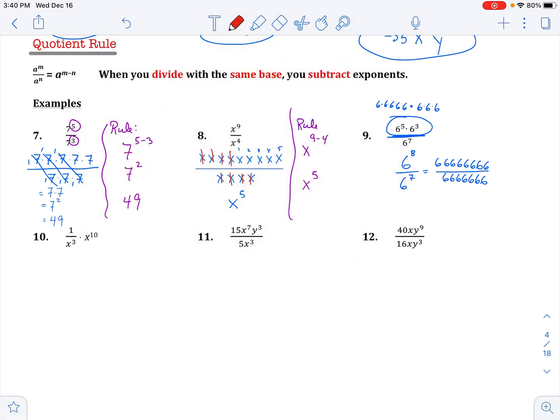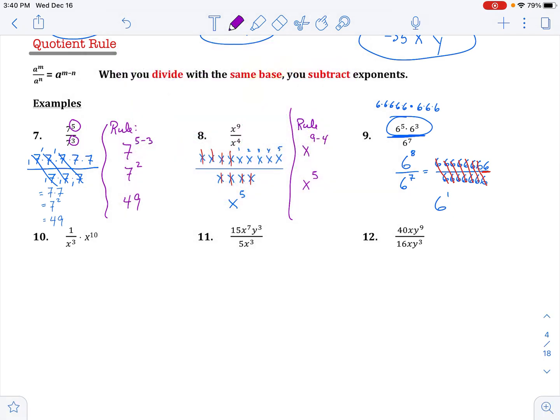Again, I'm going to cancel the factors. 6 divided by 6 is 1. 6 divided by 6 is 1. We're going to do that all the way across until we have 1 left over 6. So that's 1 extra factor of 6, or 6 to the 1st.